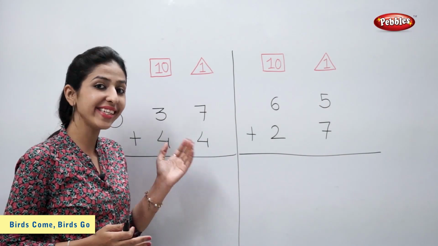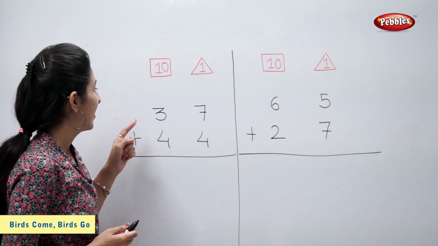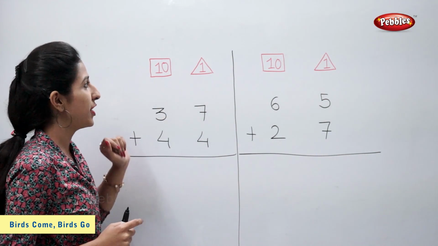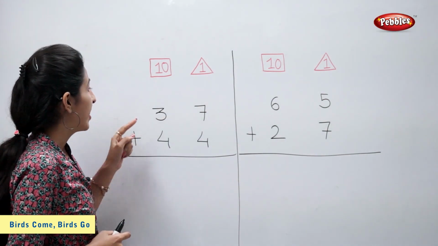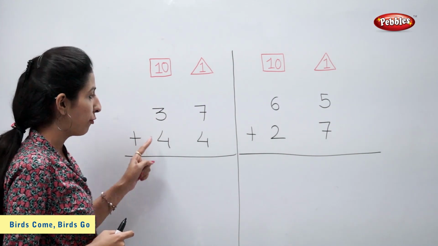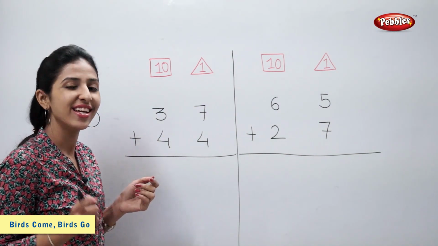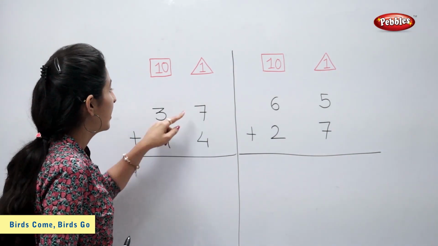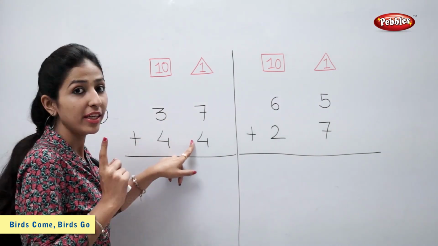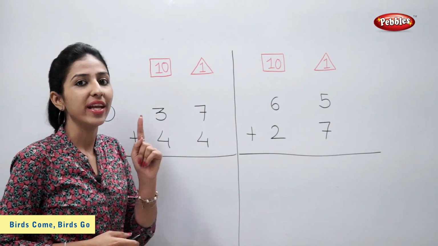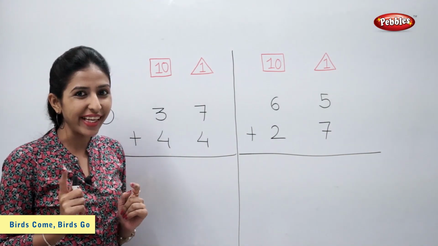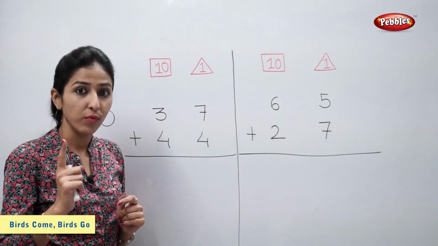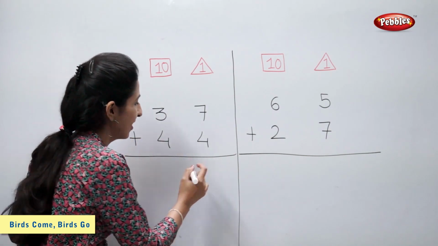Now let us solve these examples. Square represents tens and triangle represents 1. 37 plus 44 is equal to how much? Let's count. Let's add ones first. 7 plus 4 is equal to 11. Now 11 means 1 tens and 1 ones. So let's write 1 ones in ones column.